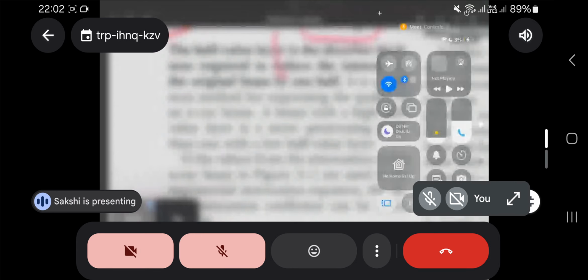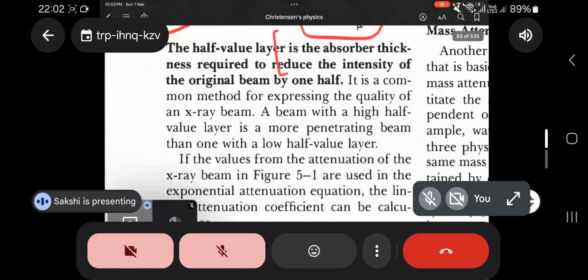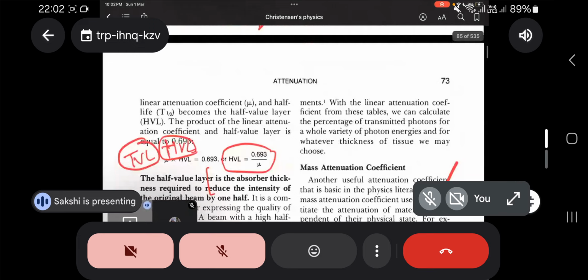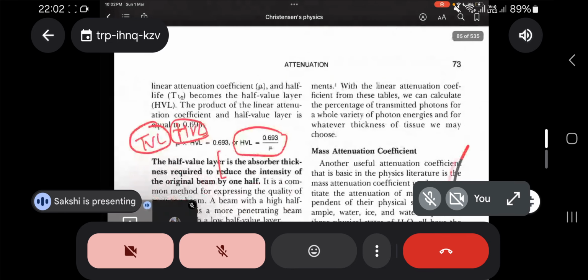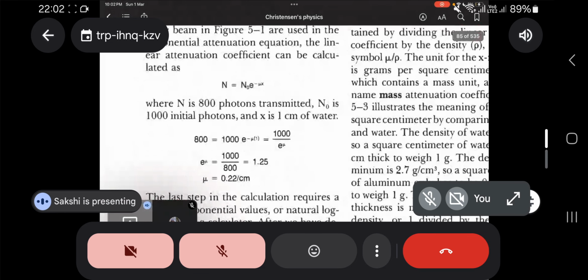Okay. So where we ended in the last session was the decay equation, HVL and TVL, and one more, the linear attenuation coefficient. Everything was having the same equation, right?